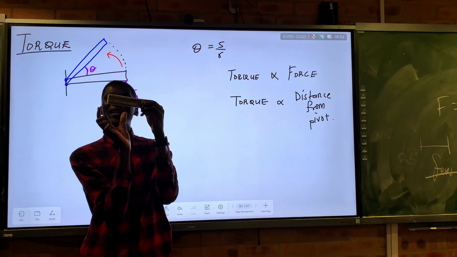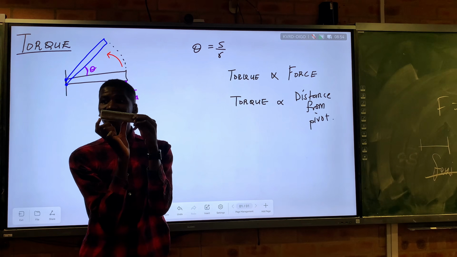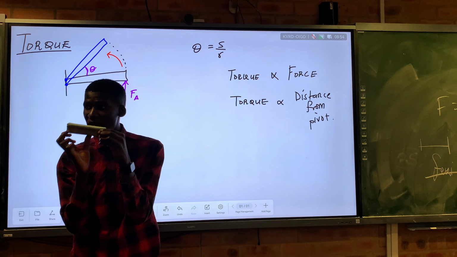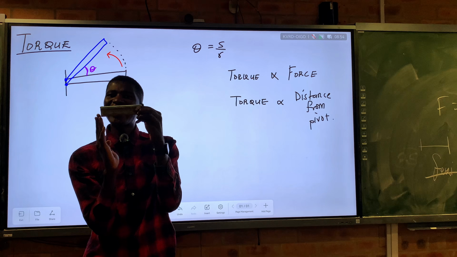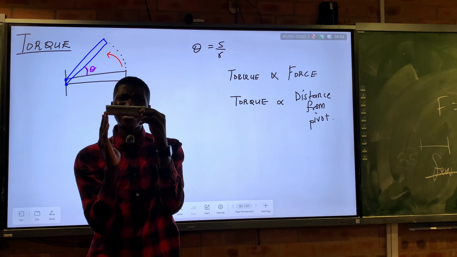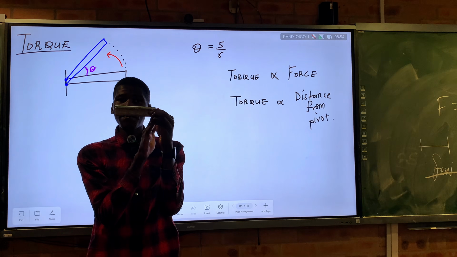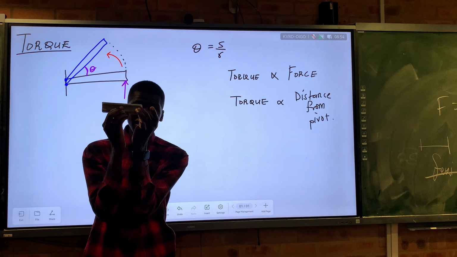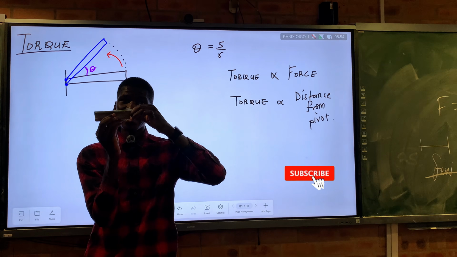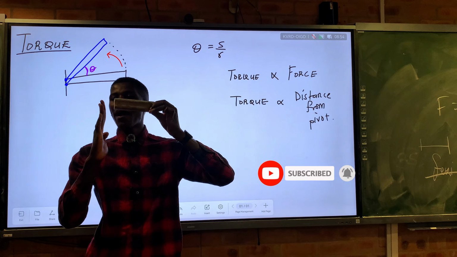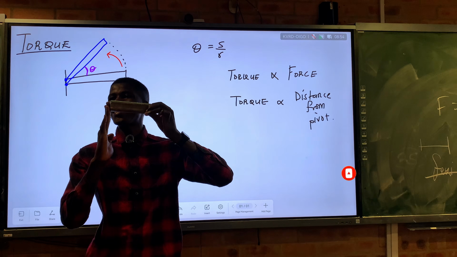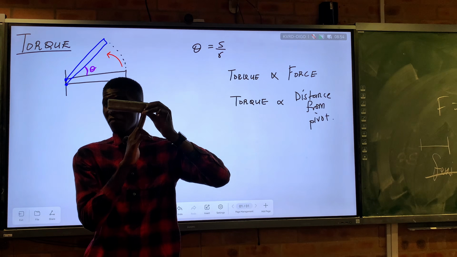So what is the factor causing that? It is the distance from the pivot. This is where I'm fixing the object, holding it tight, but I'm applying a force at a distance that is far away from the pivot.